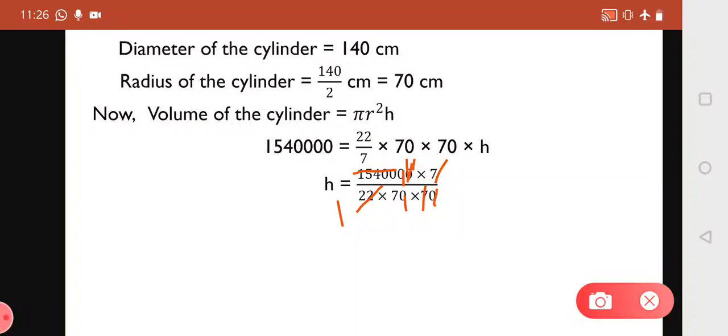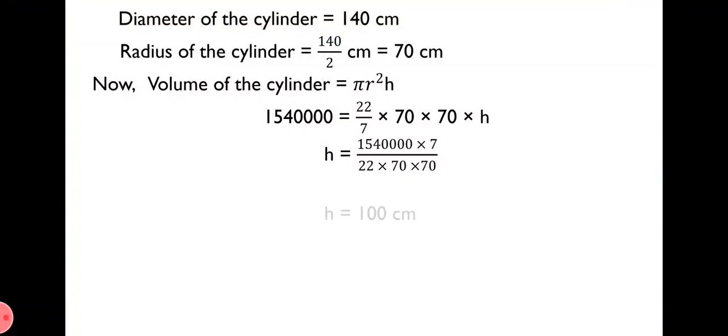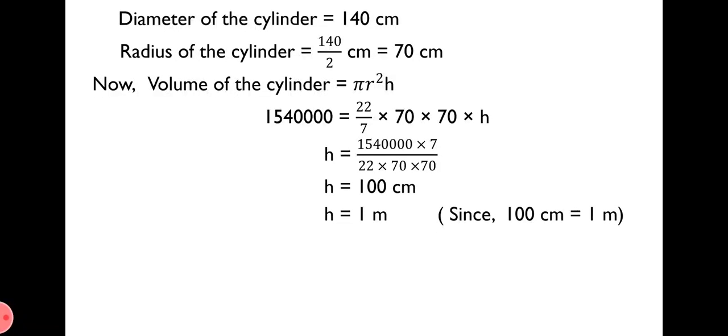These two zeros are cancelled, so we'll get 700. Again this 7 will cut, 7 ones are 7 and 7 hundreds are 700. So h equals 100 centimeter, that is h equals 1 meter, because we know that 1 meter equals 100 centimeter. So the height of the cylinder, I can say the length of the cylinder, is 1 meter.